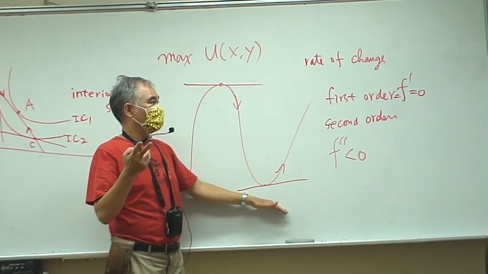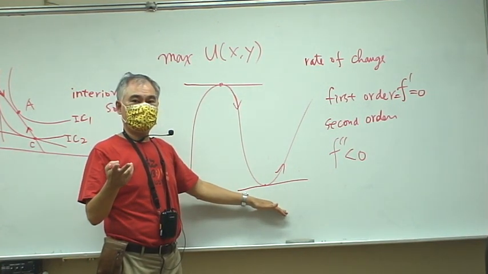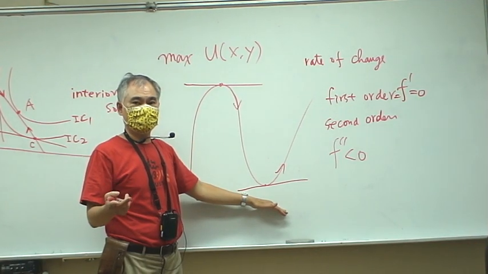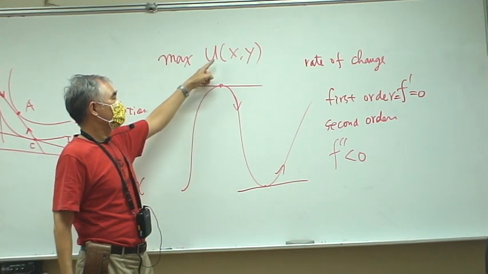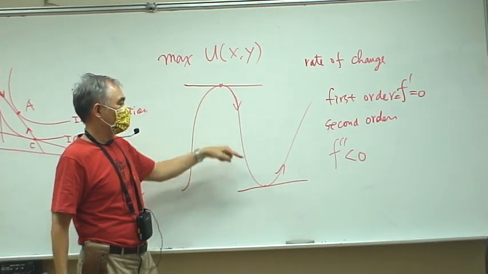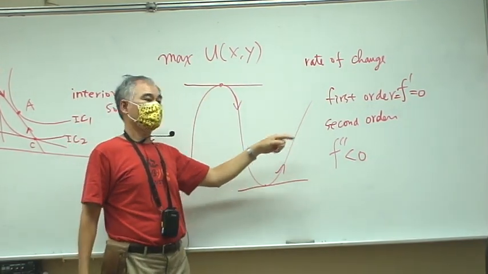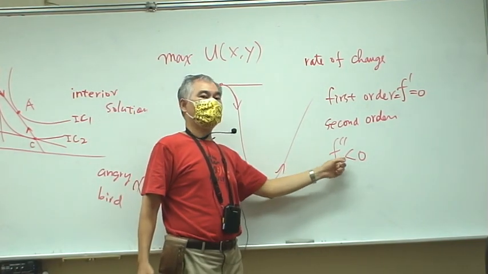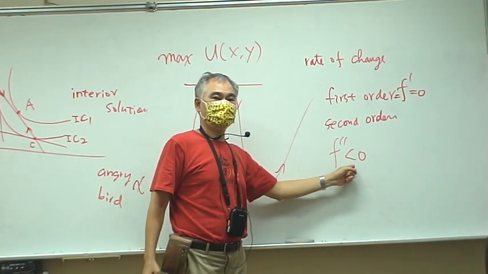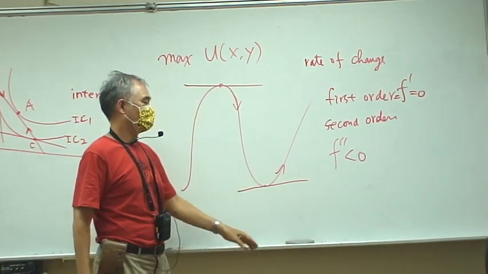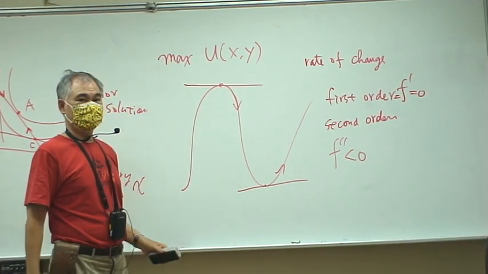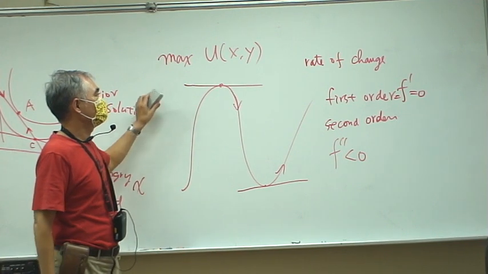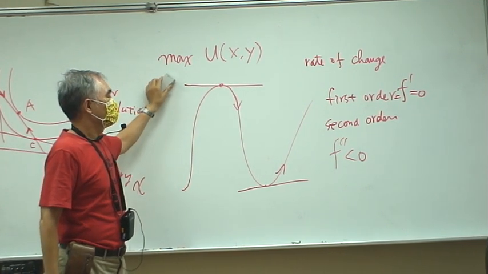But after you find the first order condition, you need to check the second order condition, whether this slope is going down or going up. So f double prime has to be less than 0. Then you can make sure that it is a maximum rather than a minimum, okay?